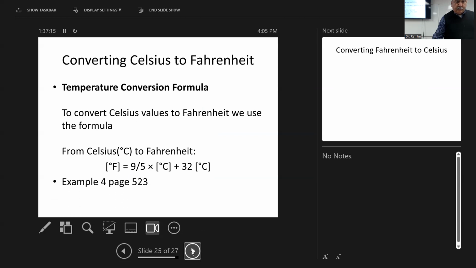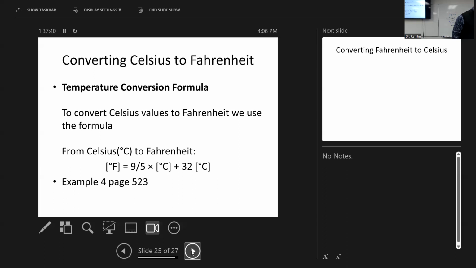Let's look at example 4 on page 523. You know that these are the 2 formulas, from Fahrenheit to centigrade, or from centigrade or Celsius to Fahrenheit.